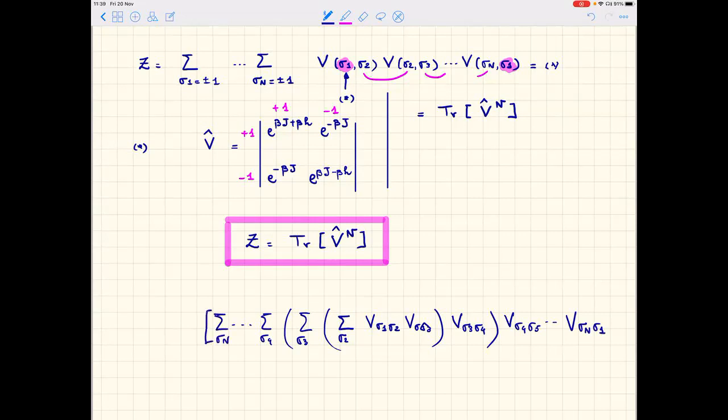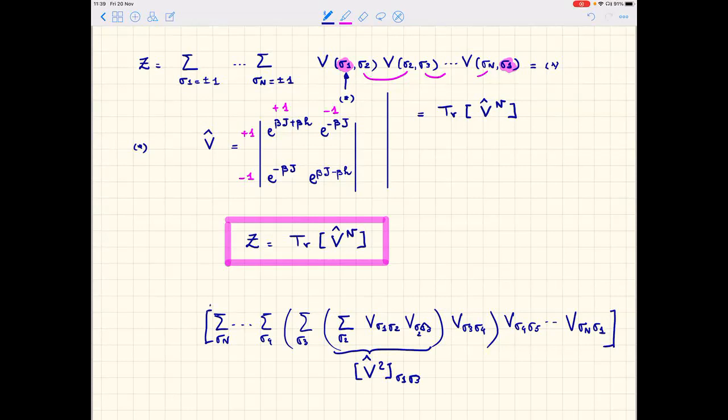So all these summations will give me the product of the matrix V. You see that the sum over sigma 2 of V sigma 1 sigma 2, V sigma 2 sigma 3 is by definition the matrix element sigma 1, sigma 3 of V squared.